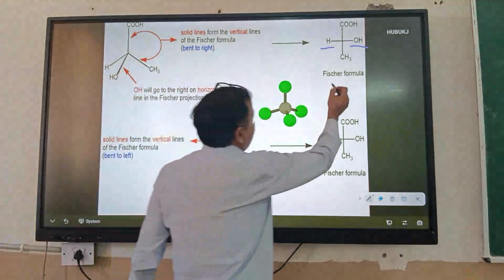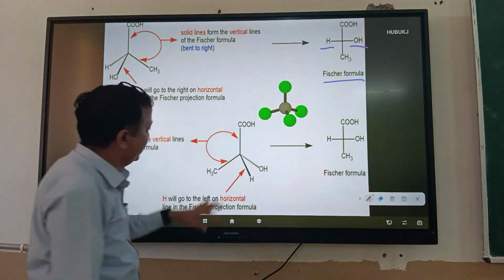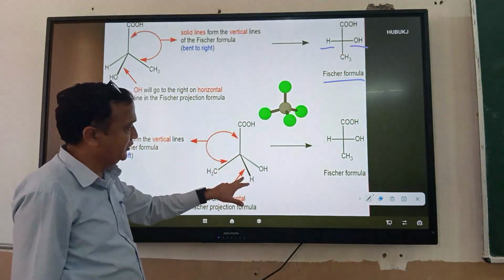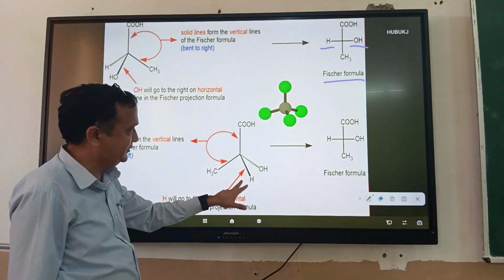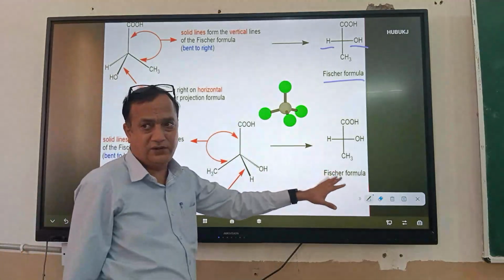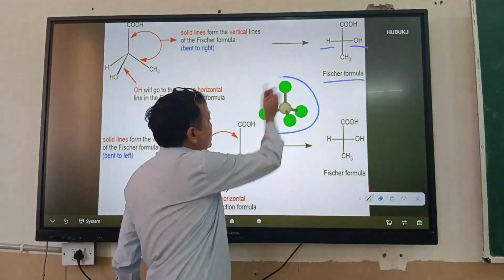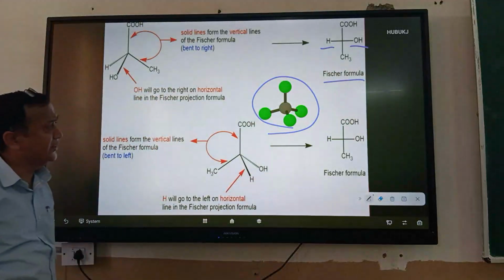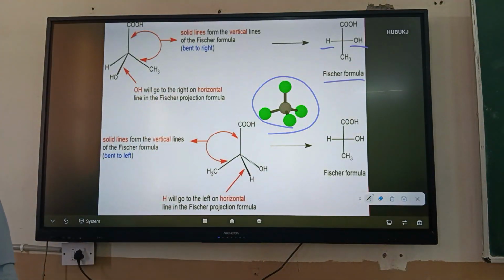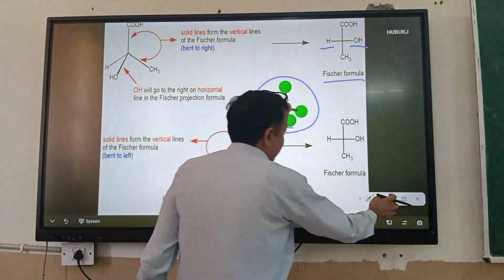So this is the Fischer form. You can try to convert this molecule from flying wedge form into Fischer form. This form is known as the ball and stick model. I have already told you about the ball and stick model while discussing the geometry of methane.